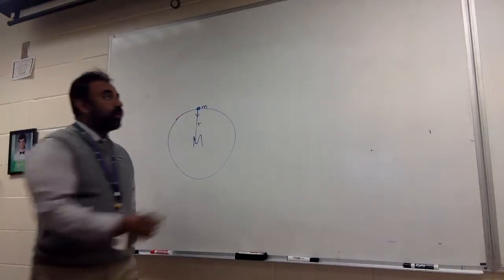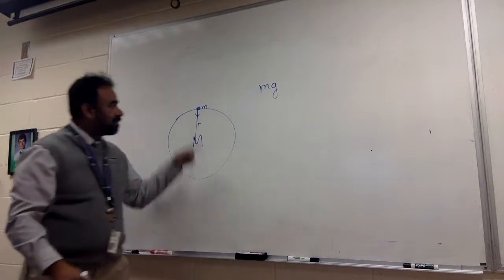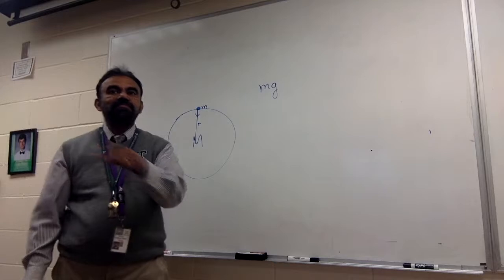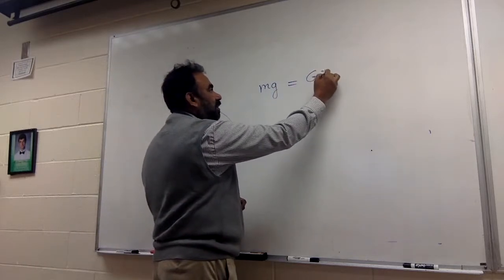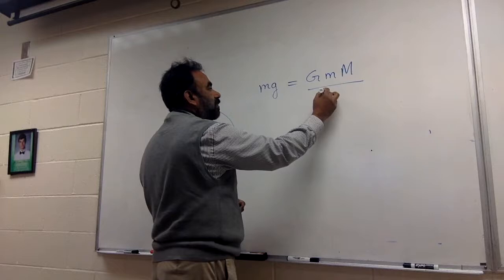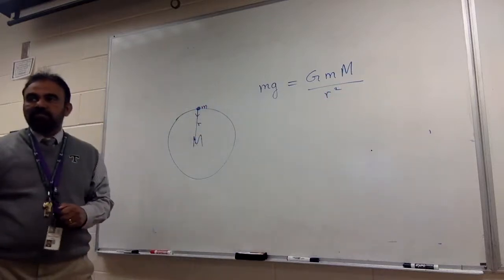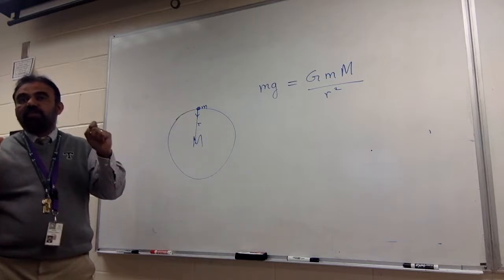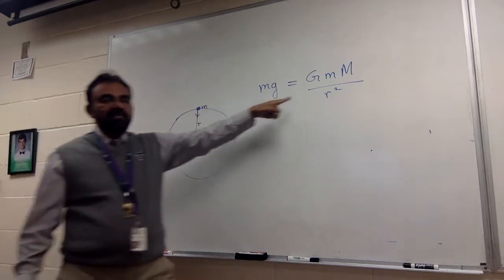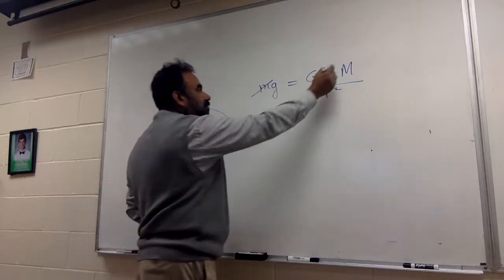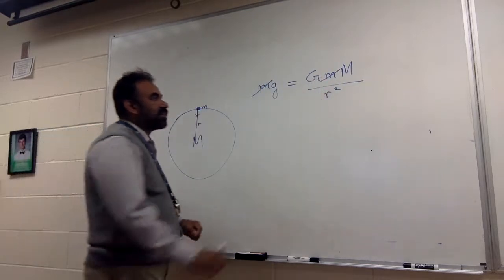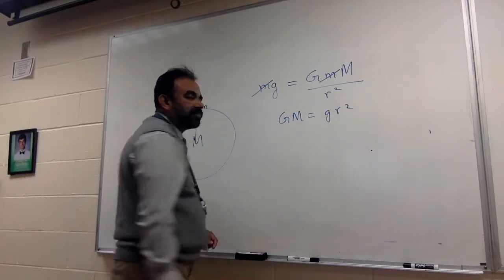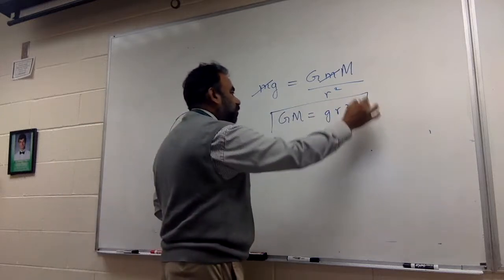What we normally write as mg is the gravitational force, which according to Newton's law of gravitation is G M m over r squared. See that? This is a force between me and the Earth. What we normally denote as weight, mg, is in fact this. Simplifying this equation, we have g M is equal to g r squared. It's a very, very important equation.